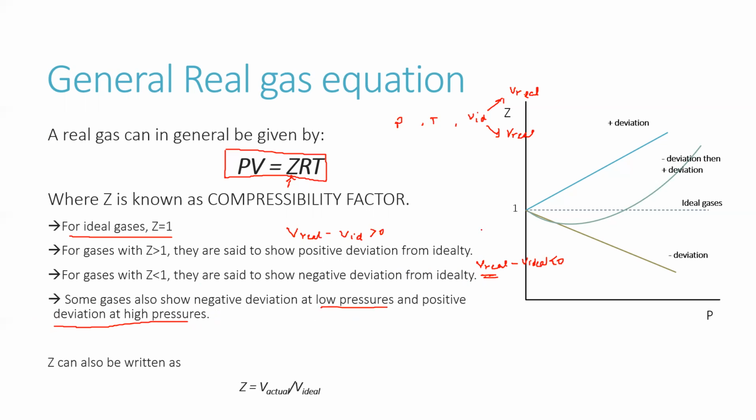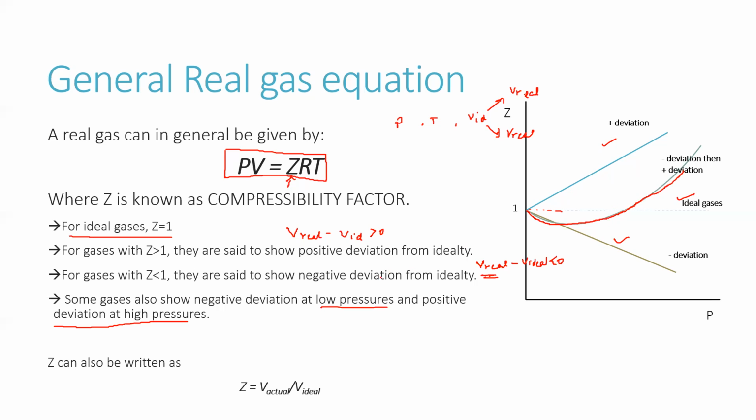All right, so from the graph you can see if Z is equal to 1, then you will get ideal gases. If Z is greater than 1, then you will get positive deviation from ideality. And if Z is less than 1, then negative deviation from ideality. And finally, there are cases where at low pressure they start with negative deviation, and as the pressure increases, the deviation becomes positive.